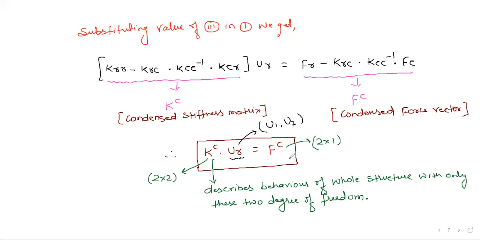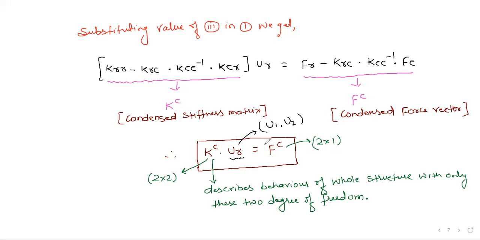So this is all about static condensation. This is the approach of static condensation. So what is the use of static condensation? To analyze a structure having more degrees of freedom, when we want only a particular displacement.